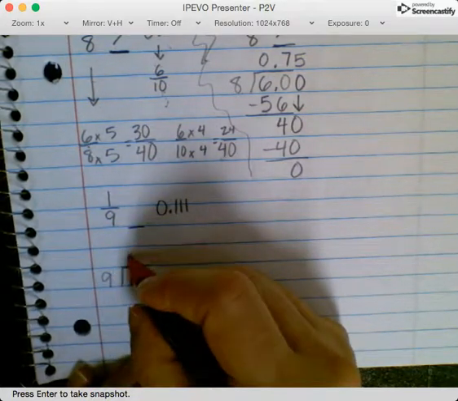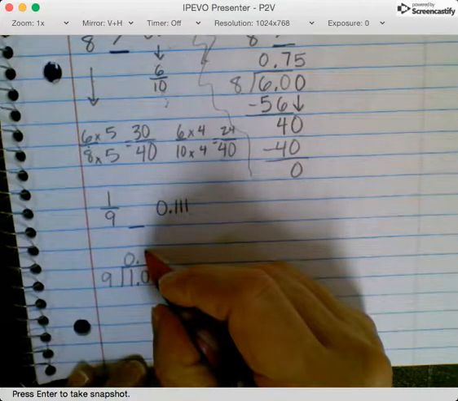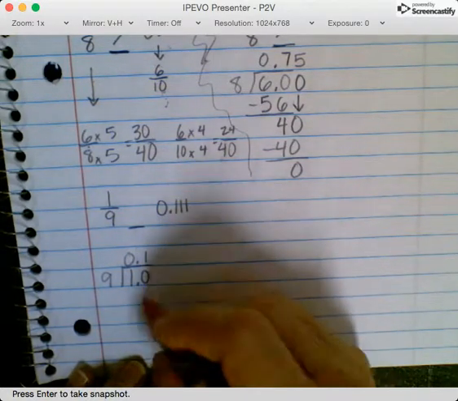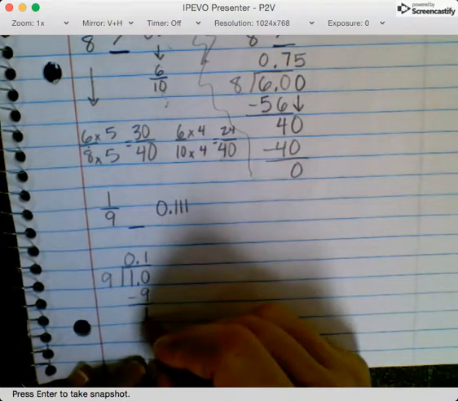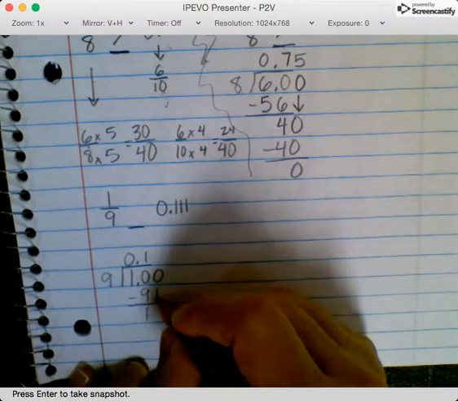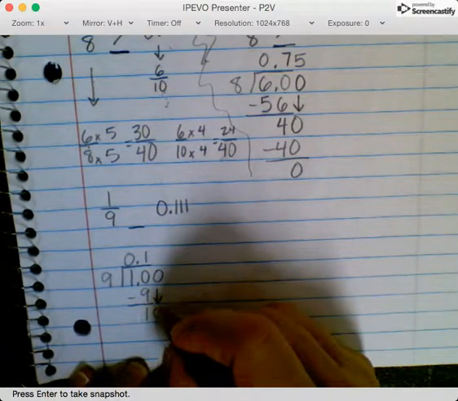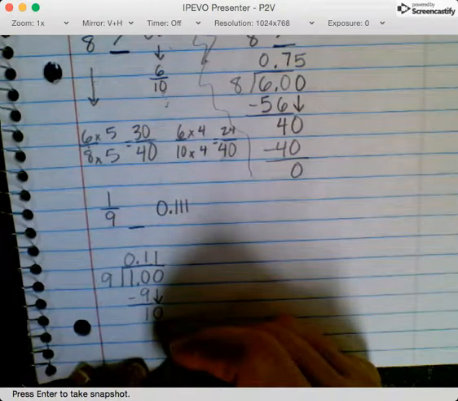So 9 will not go into 1, but it will go into 10 one time. And I have a leftover 1, so I would put a 0. 10, and this is one where I'm going to notice I will get a repeating decimal.